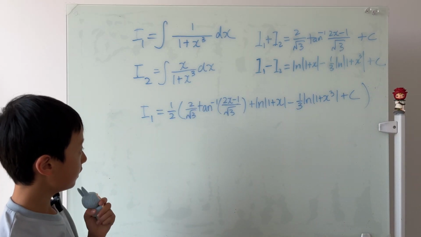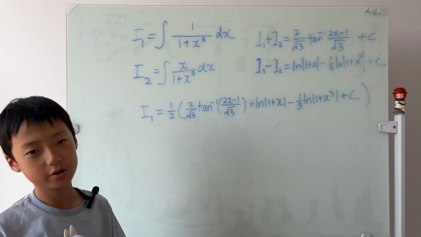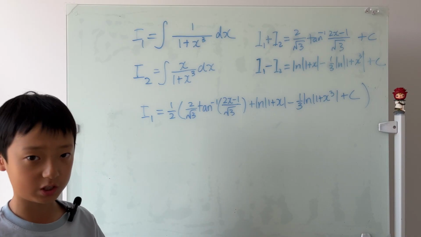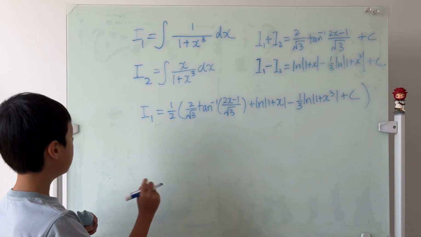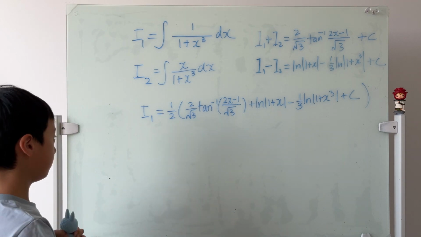Okay, now let's open the brackets. If you don't want to, you don't have to. But for completing this question, I'm going to unpack it. So I'm going to rewrite I1 as that, so it looks like a formal answer.